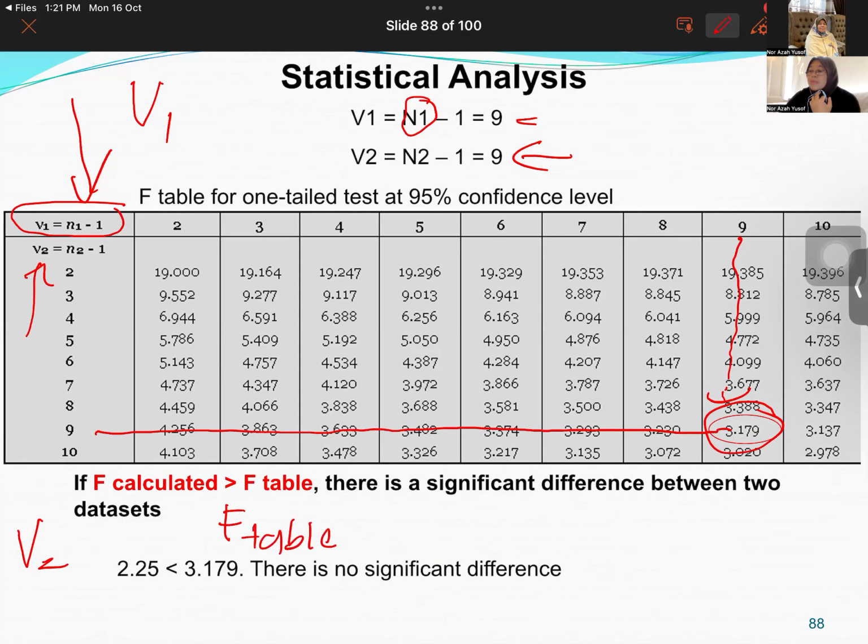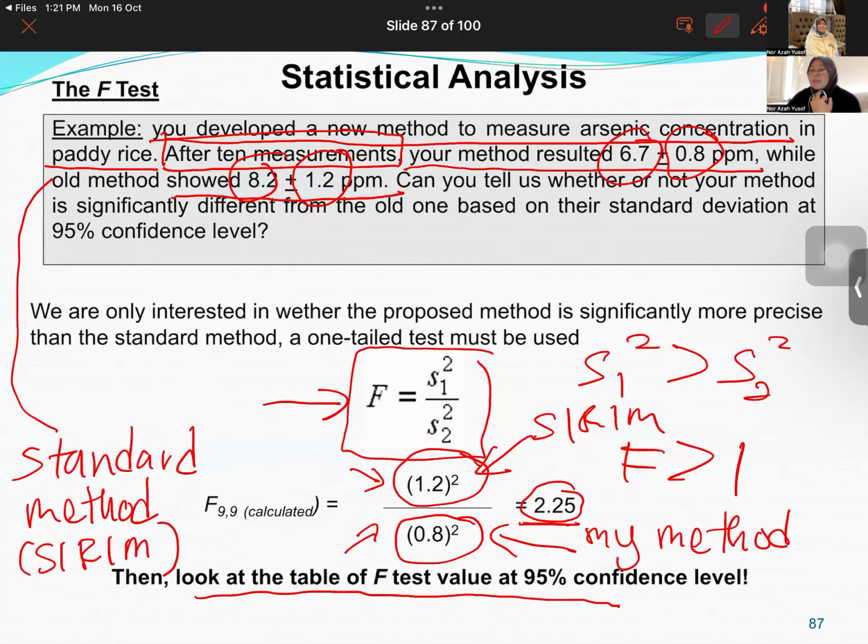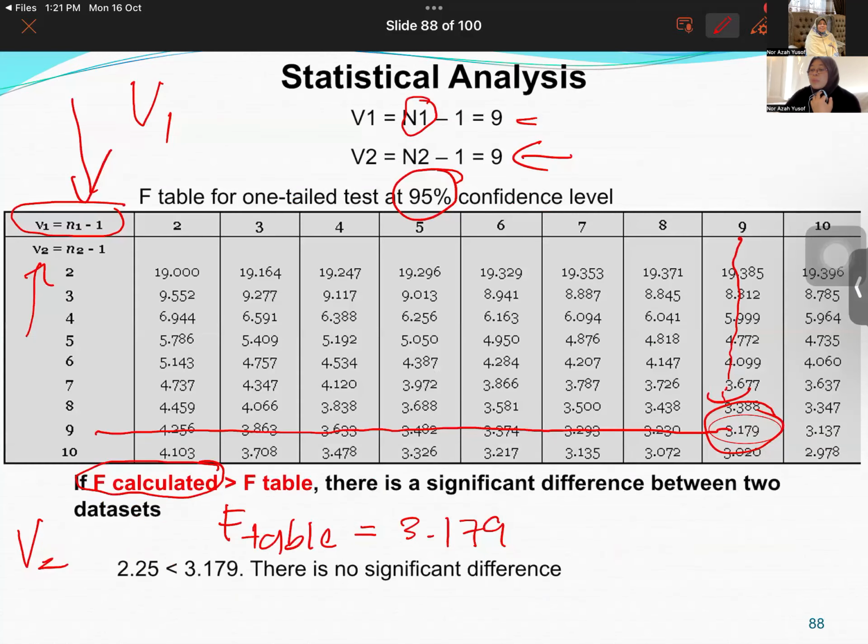At 95% confidence level, it is 3.179. In the F test, we compare the F calculated just now, which is 2.25, with F from the table.